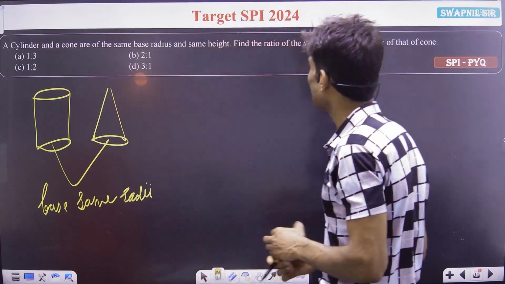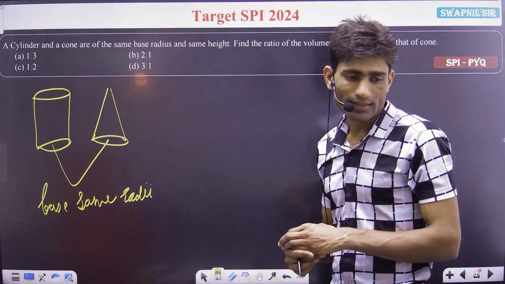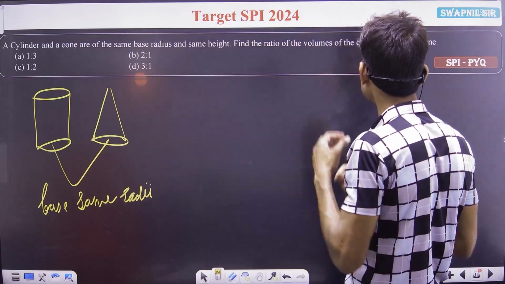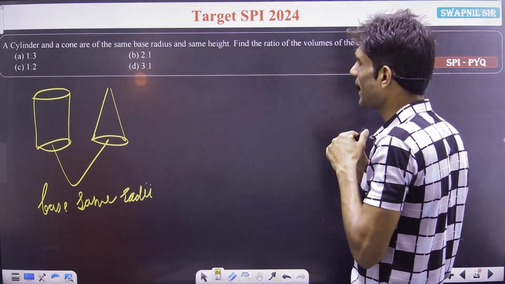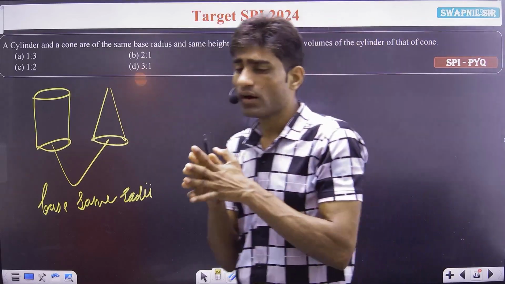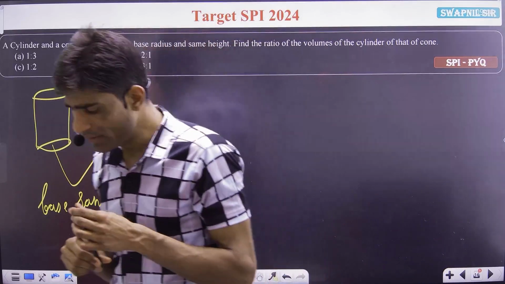Then we have to find the ratio of the volume of the cylinder to that of the cone. We have to find the ratio of both volumes.